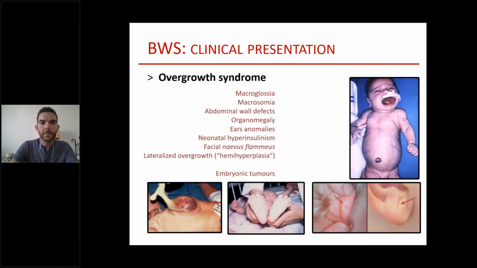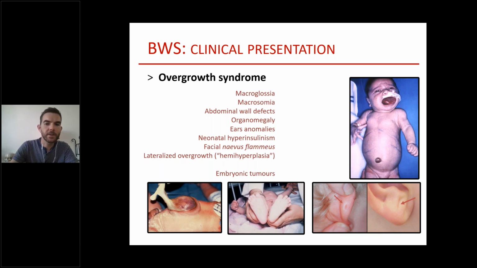So BWS has been described in the 1970s by two clinicians, Mr. Beckwith from the USA, who is a pathologist, and Mr. Wiedemann from Germany, who is a pediatrician. So this syndrome has been initially described as the EMG syndrome because of the association of exomphalus, macroglossia, and gigantism.